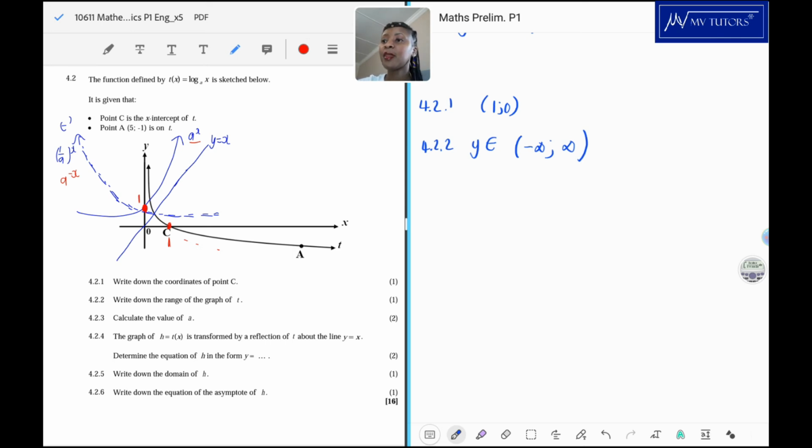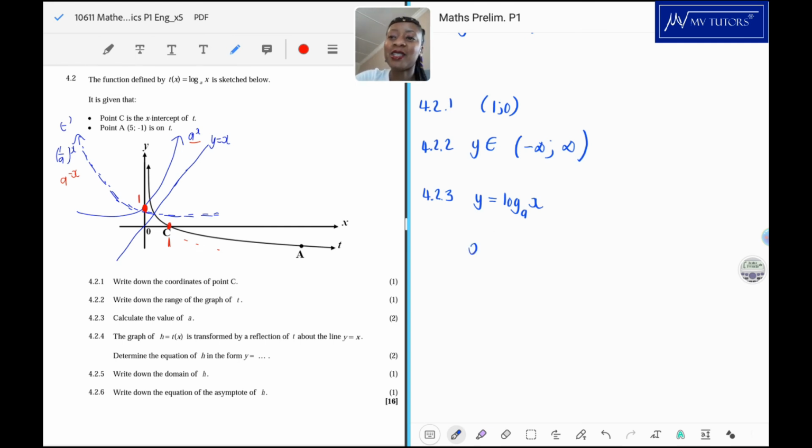Okay, and now 4.2.3, calculate the value of a. All right, so instead of writing t, function of t, I'm just going to say y, and then I have log a x. So I'm going to put this in a form that I am used to.